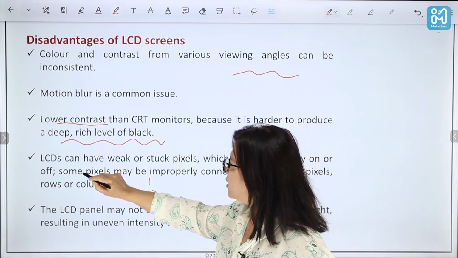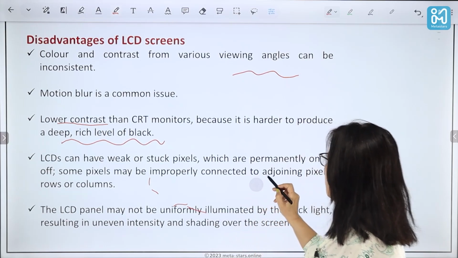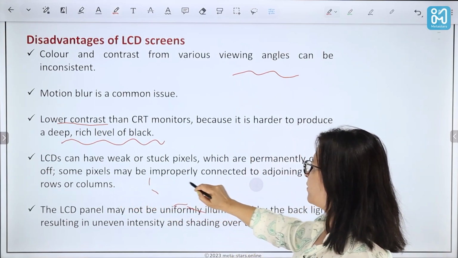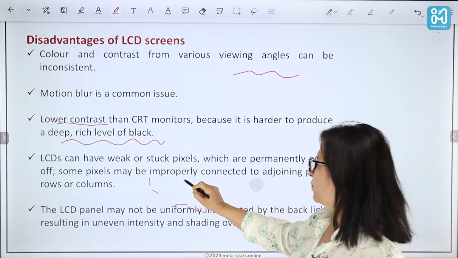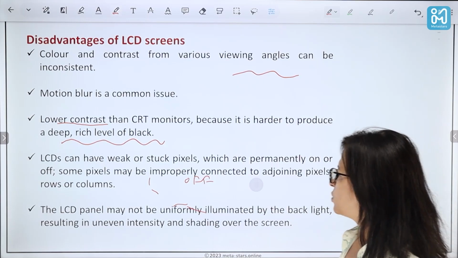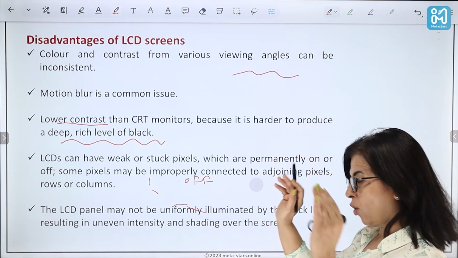Then we have weak or stuck pixels, which means permanently on or off. Some pixels may be improperly connected, so they will be off all the time. This causes a problem in the whole picture.